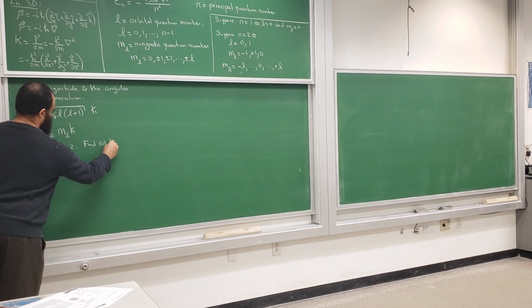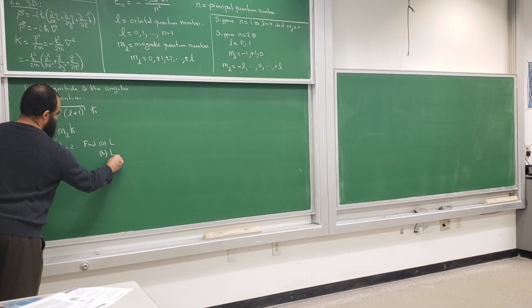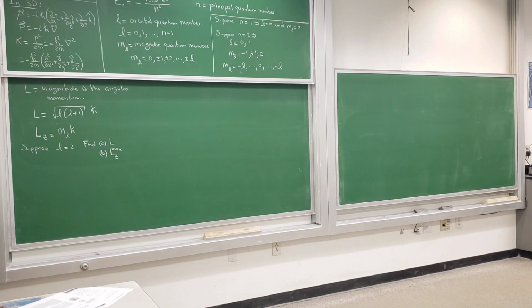Part A, find capital L, and B, find the maximum Lz can be. What's the maximum that Lz can be? Who can give me an idea on how to do this? Plug it in, right? Yeah.